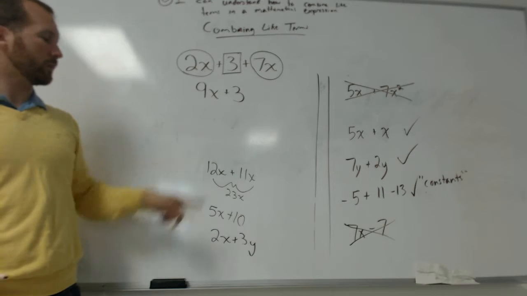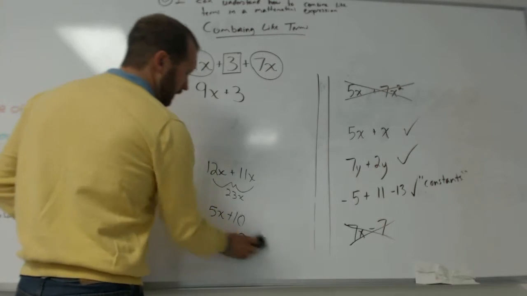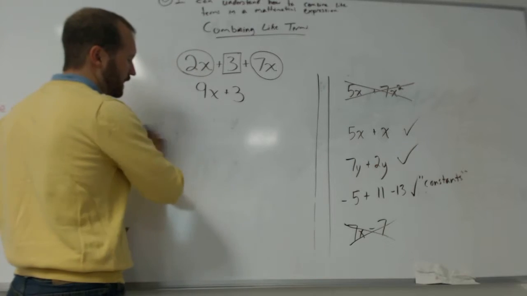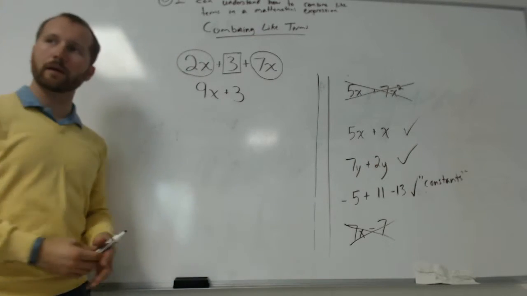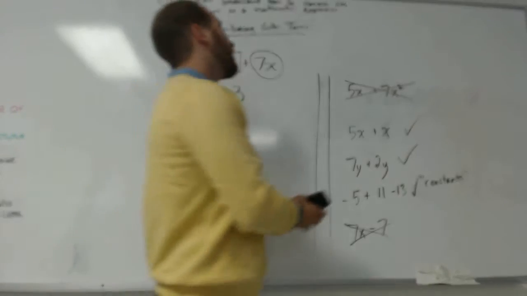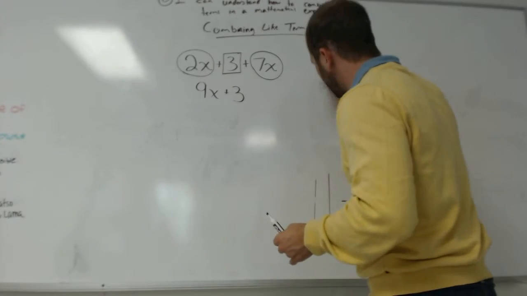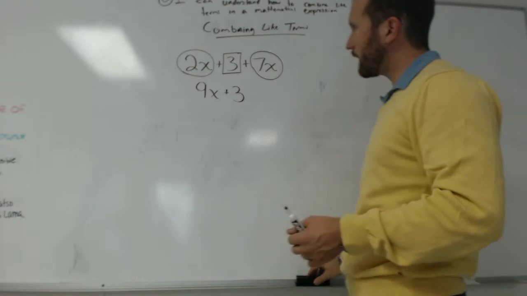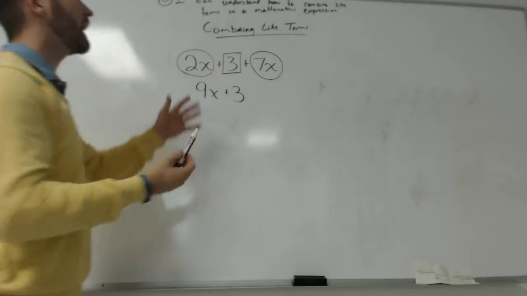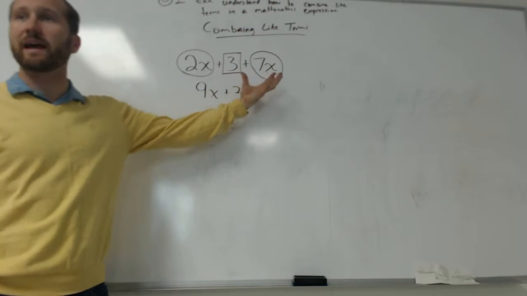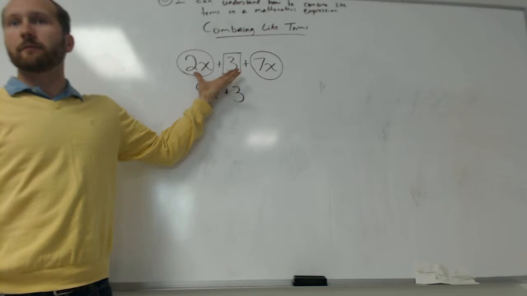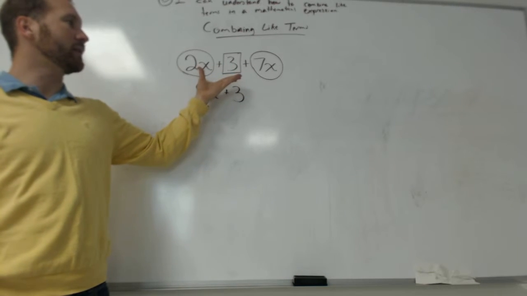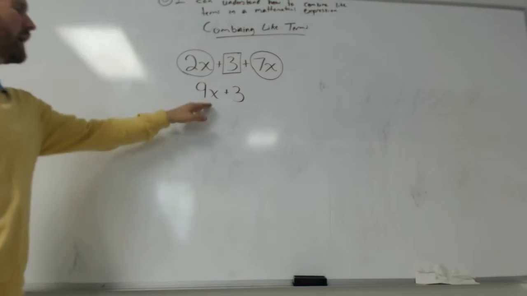I can't manipulate my expression like I can with an equation. I can't add 3x to both sides, because there's not both sides, there's only one side. This is like one side of an equal sign. Okay, so 9x plus 3.